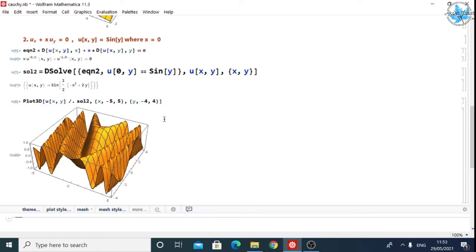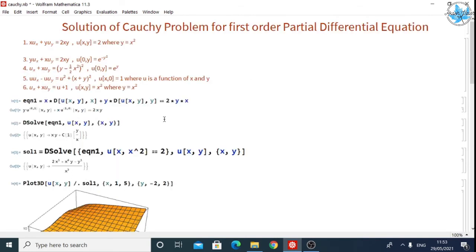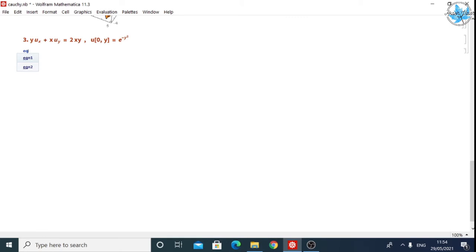So let's solve the third equation. My third equation is eqn3.